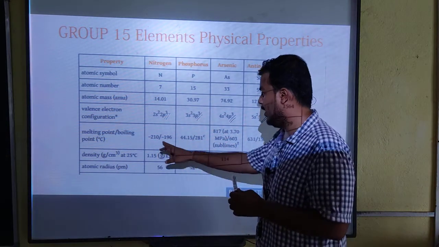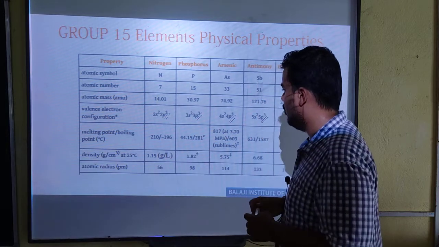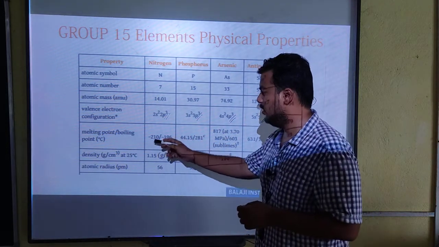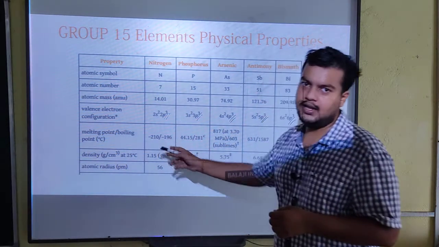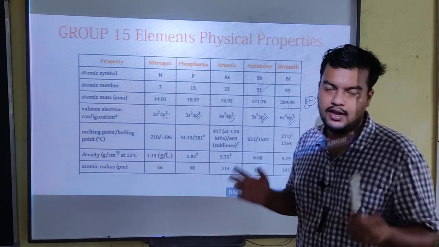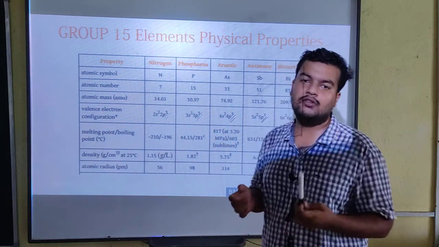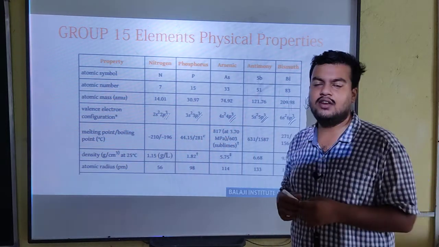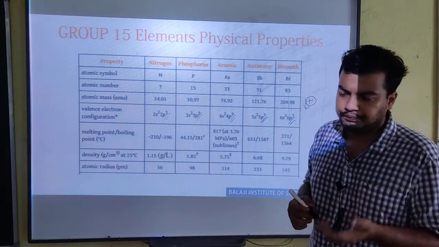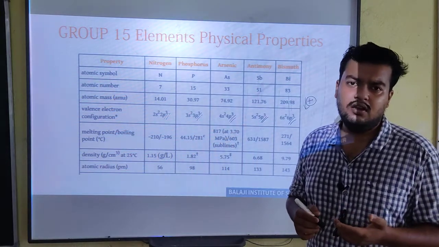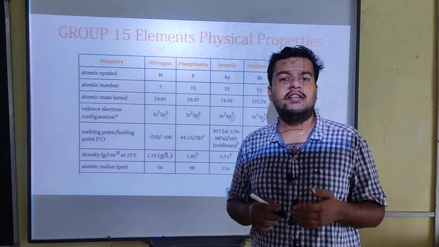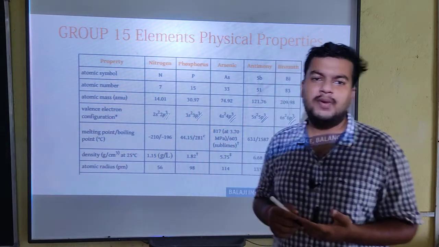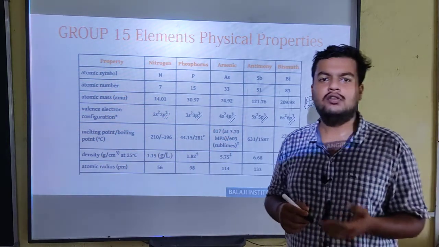So the first thing is the melting point. As you can see, for nitrogen it is minus 210 degrees Celsius. That is very, very low. Nitrogen melts at a very low temperature because it is difficult for nitrogen to be present in liquid or solid form.